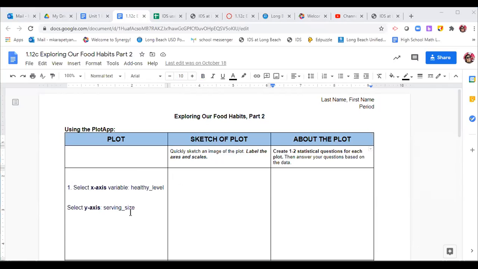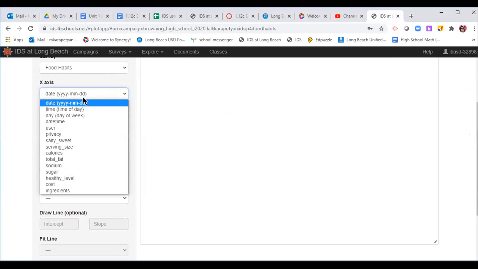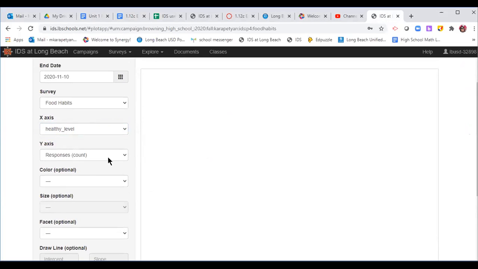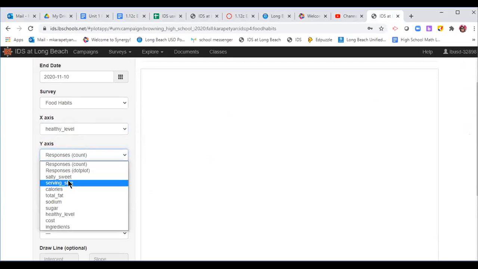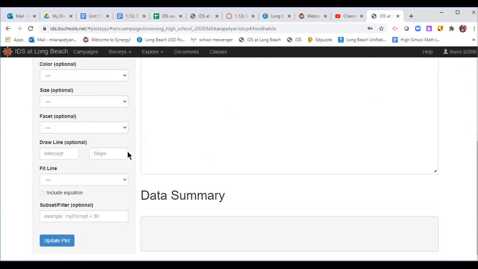So we're going to click on healthy level for the x-axis, and then our y-axis is going to be our serving size. So we're choosing one for each of them. And then we're going to hit update plot.